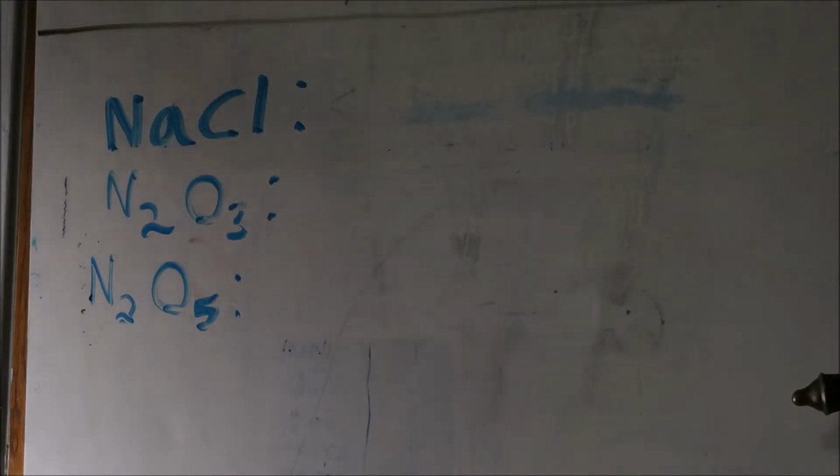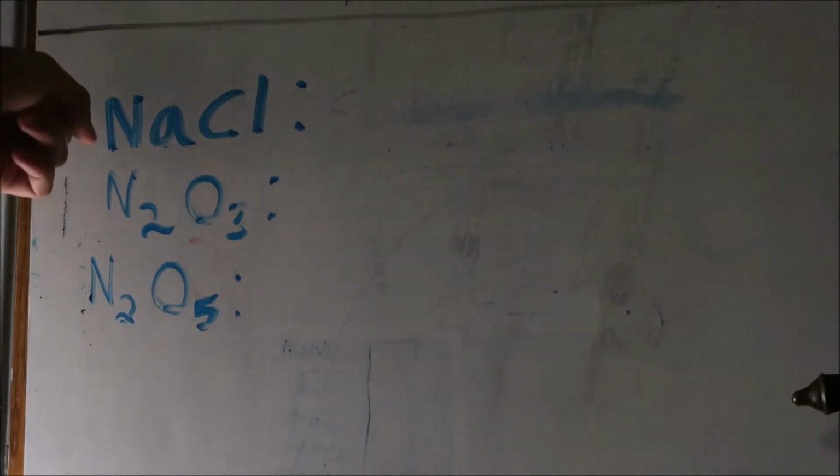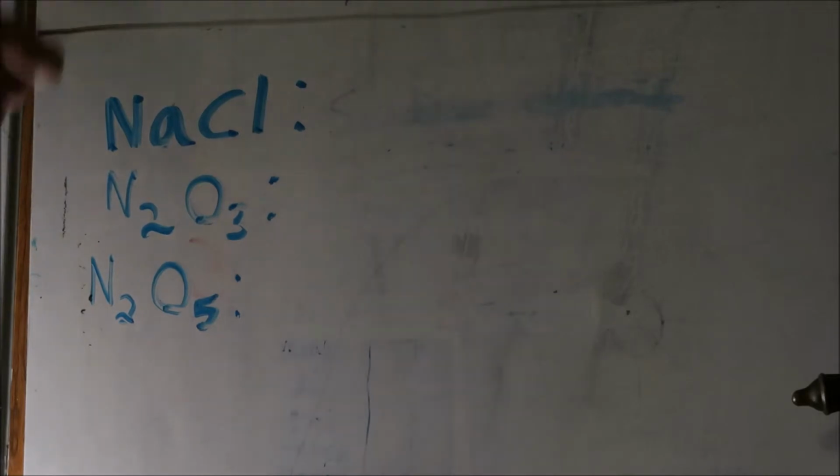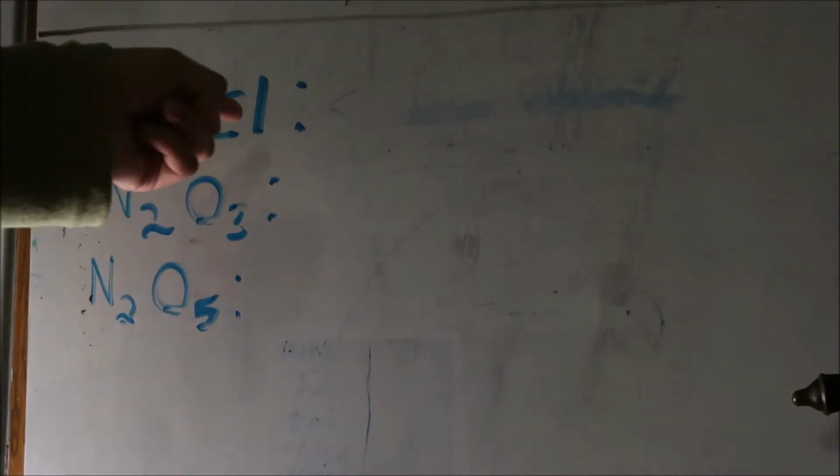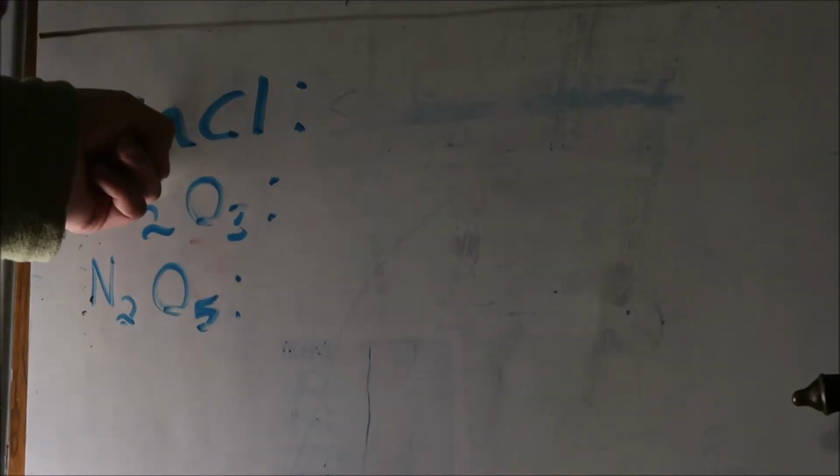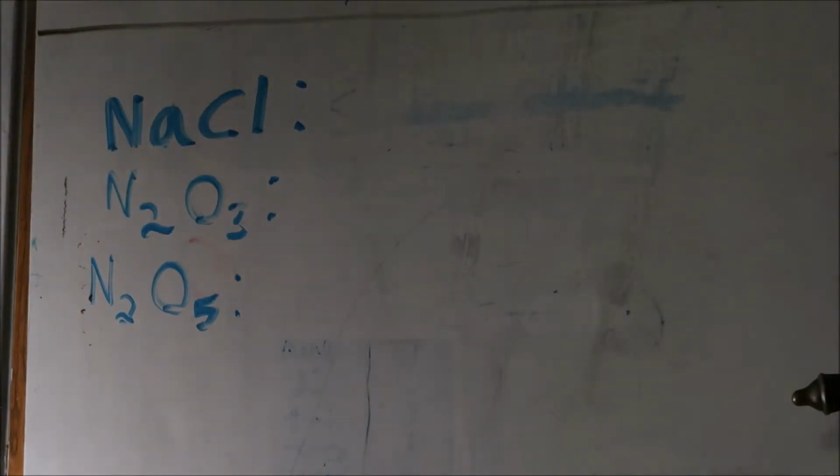So let's get started. First of all, this is an ionic compound since it has a metal and a nonmetal, metal sodium and nonmetal chlorine, a gas actually.